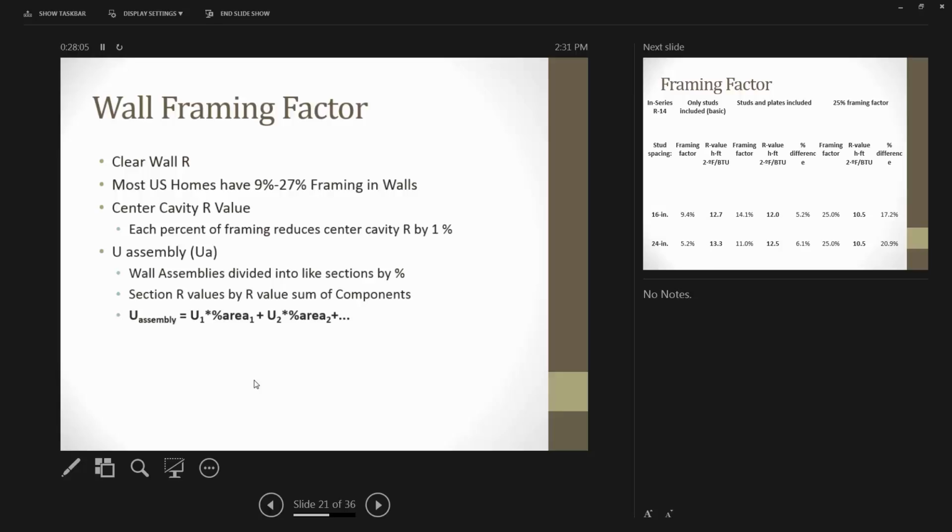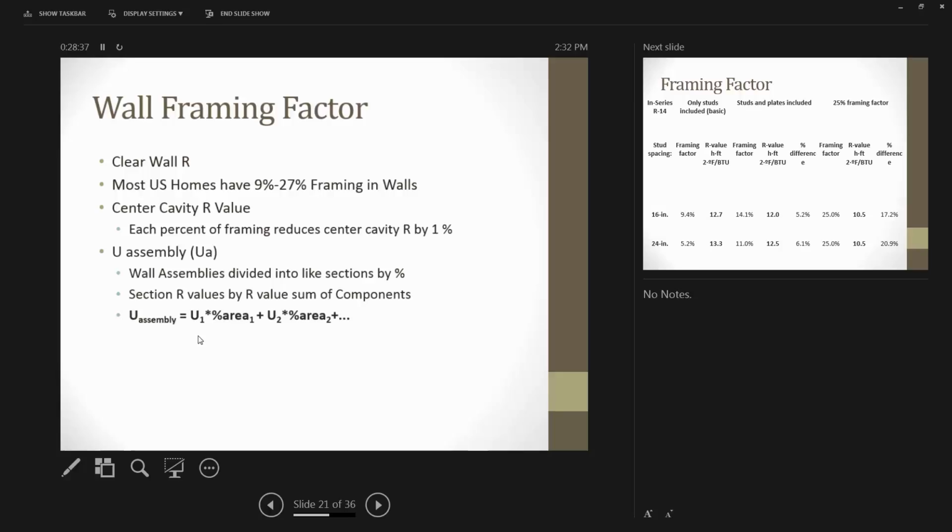So we have that wall percentage that was, remember, a 0.1 U value, and so that was 90%. So we'd have our first U value, which would be 0.1 times 90%, plus our second U value, if that window is 0.30, times 10%. Once we add those together, we're going to get an average U value of the whole assembly.